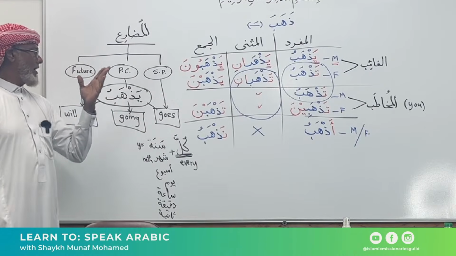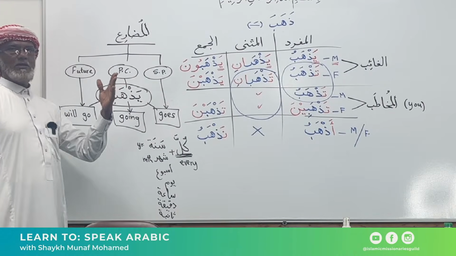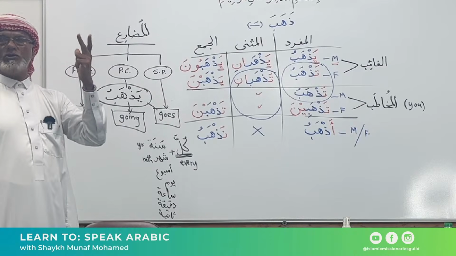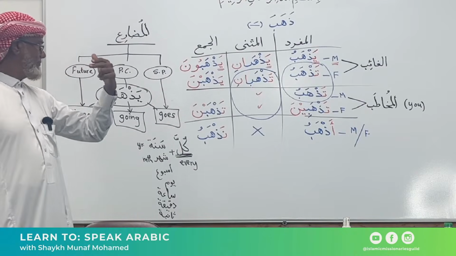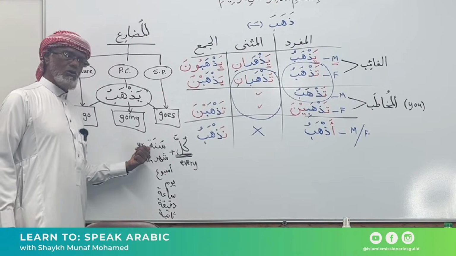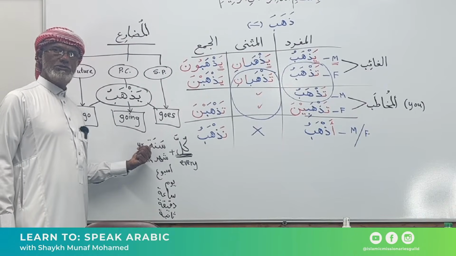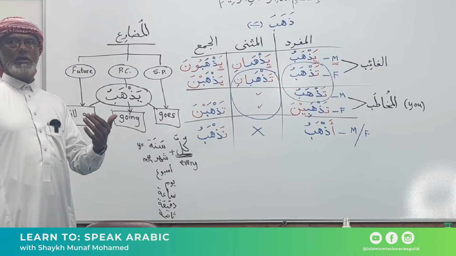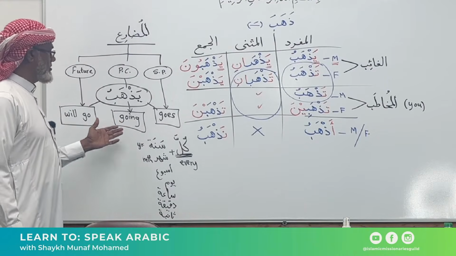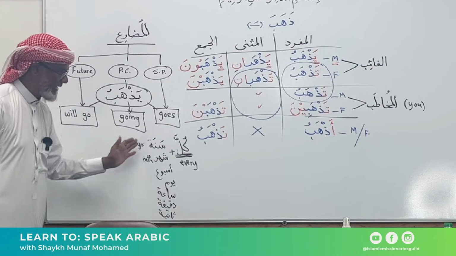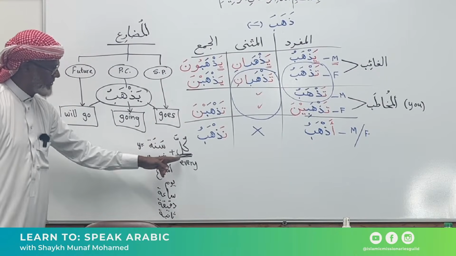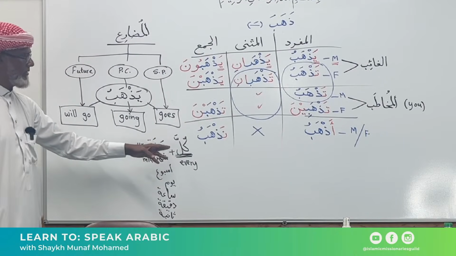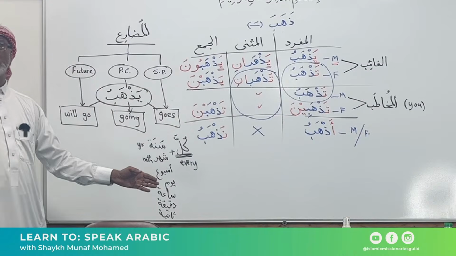So yadhabu Muhammadun ila al-umrah kullu sana. Muhammad goes for umrah every year. It is not Muhammad is going. So how am I going to know? You understand, you use any one of these words with this, okay? It will mean the simple present tense.